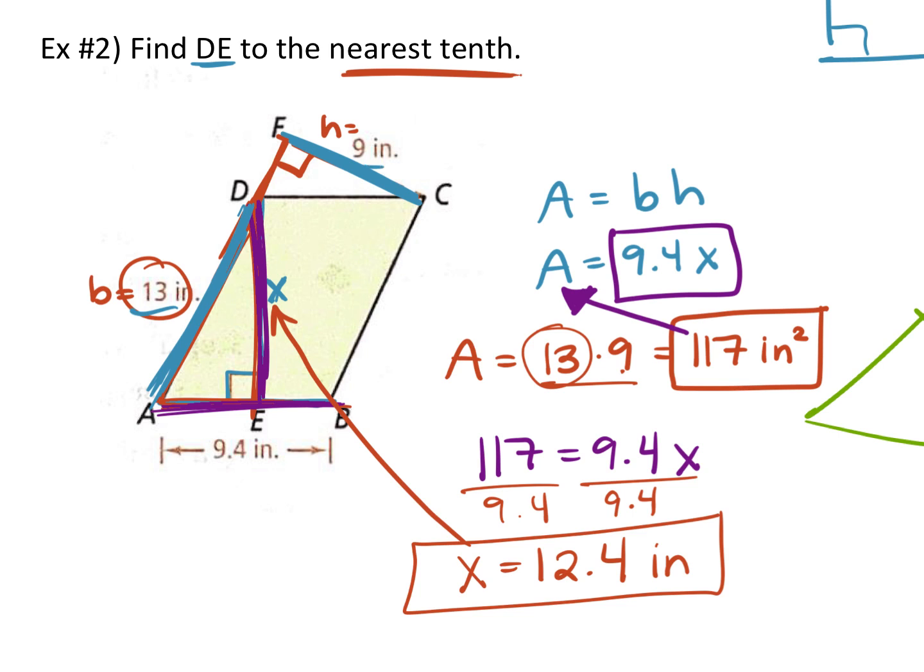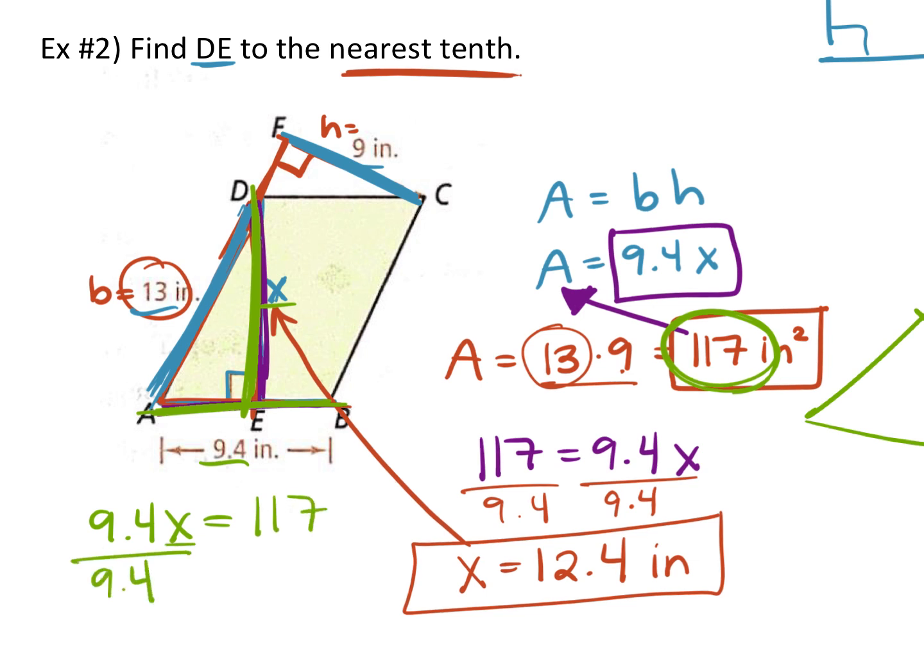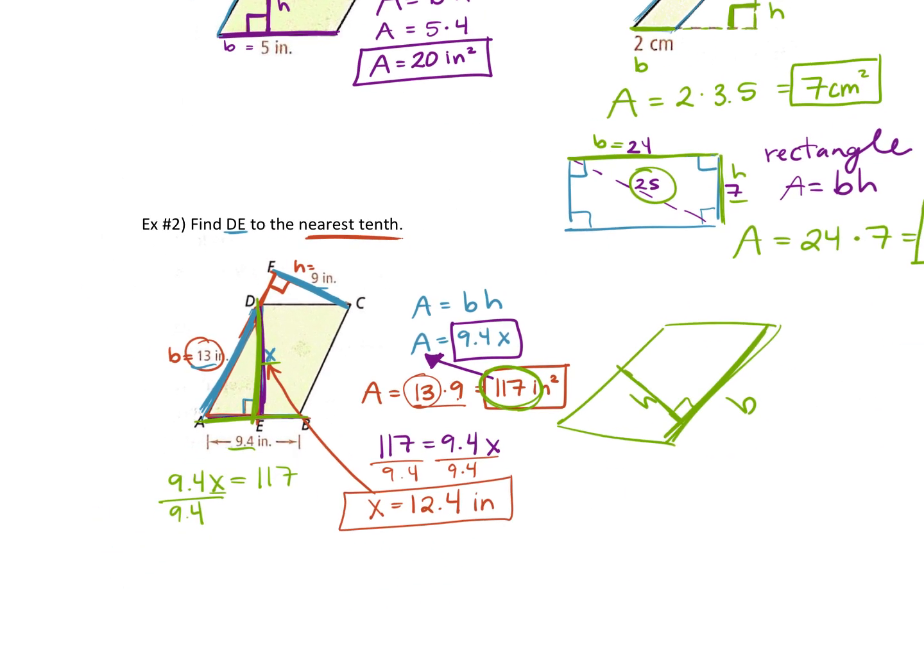Or this base goes with this height, so 9.4 times x is the area. We know what the area is, the 117 we solved for. So now the other base and height, 9.4 times x, should still equal that 117. So we have to divide by that 9.4 to figure out that missing piece.